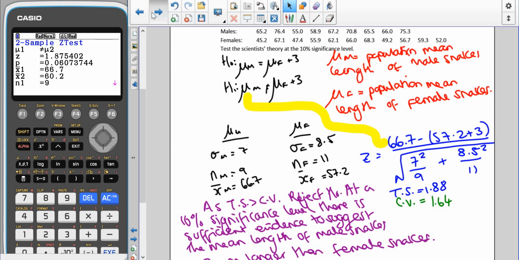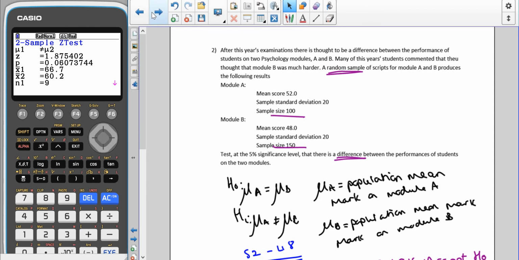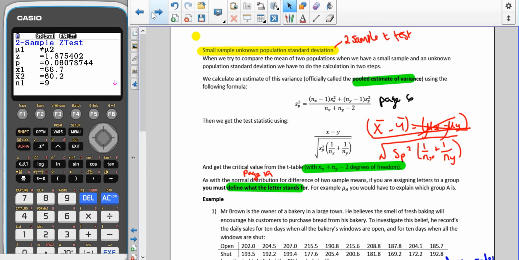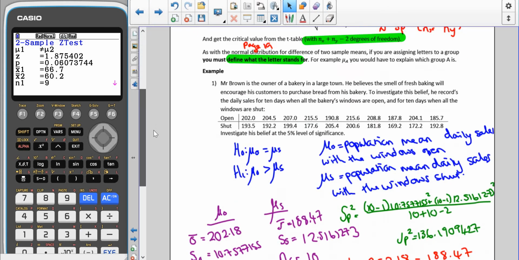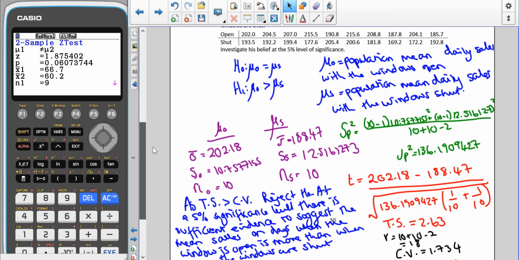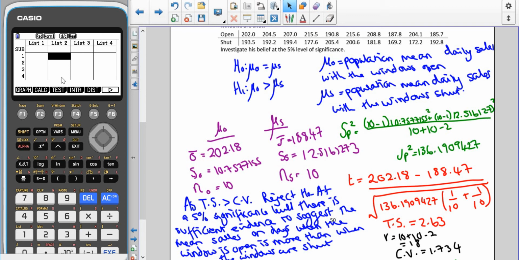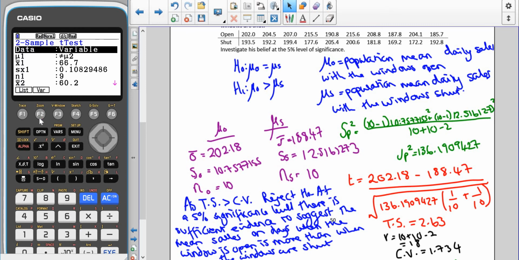Just to show you how this works with T, because it is slightly different. So here we had our T example. This time, I'm going to have to go back. So we go into test again. We go into T, and this time we go into 2 sample.